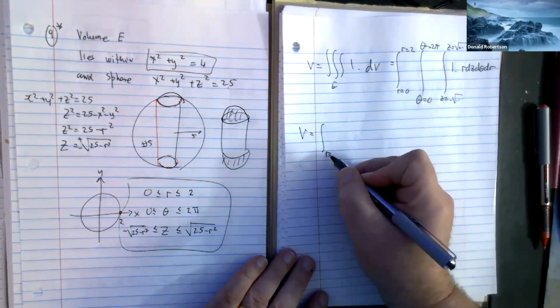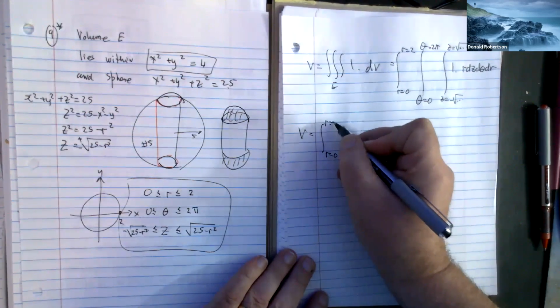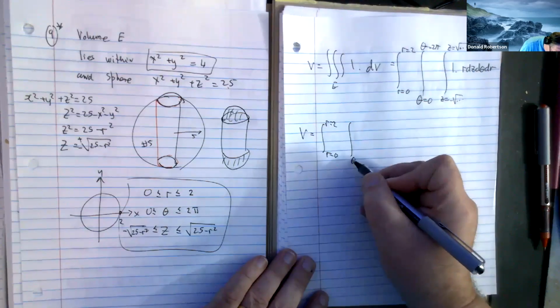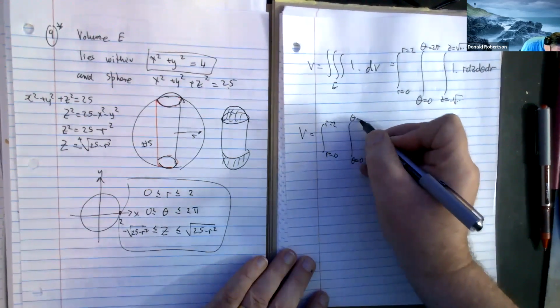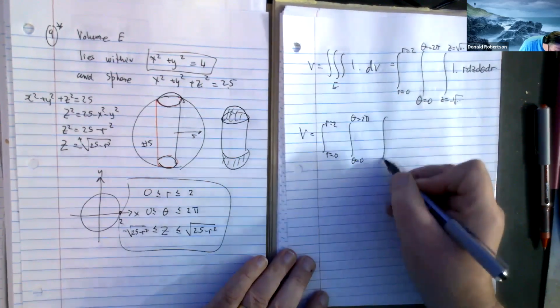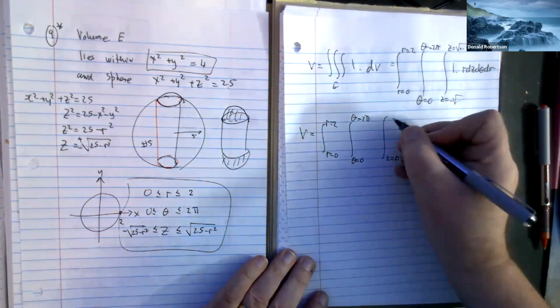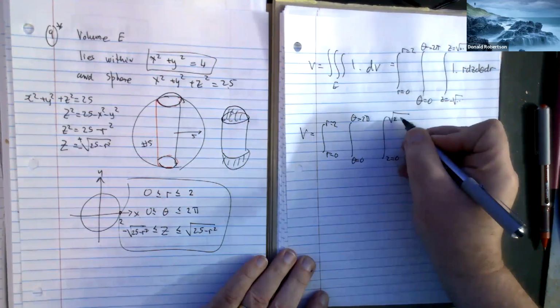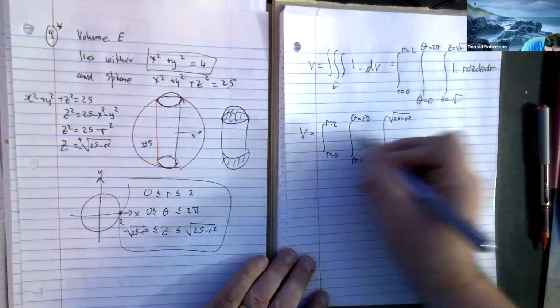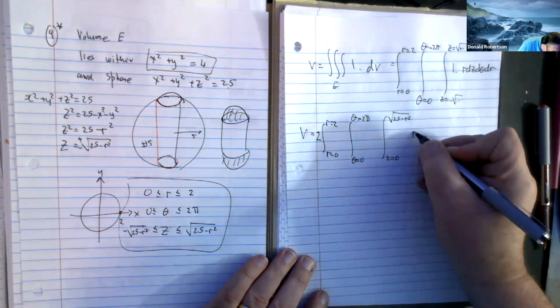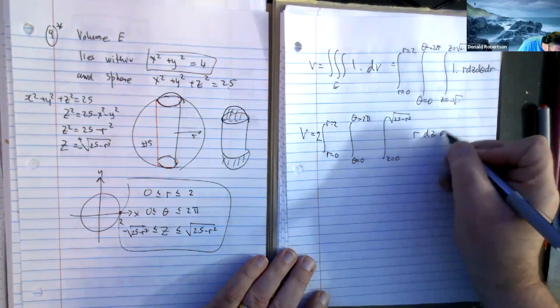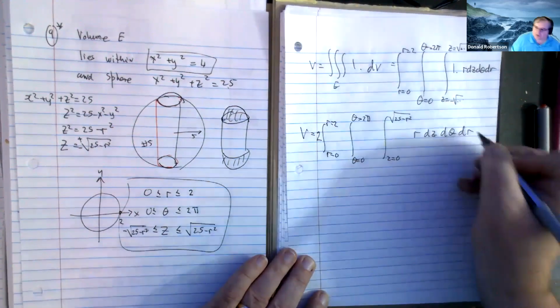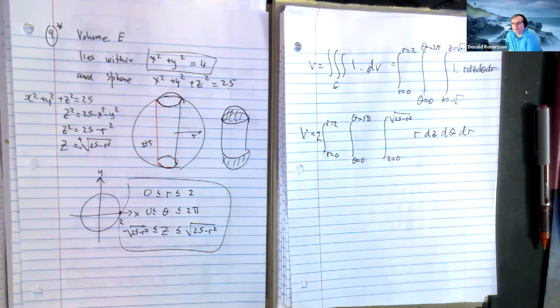The integral from 0 to 2, the integral from 0 to 2 pi, and just do z from 0 to that guy. But double it. That would work, wouldn't it? Just make my life easier.